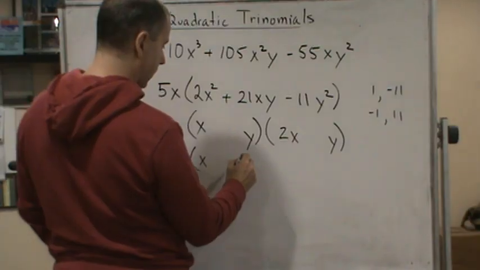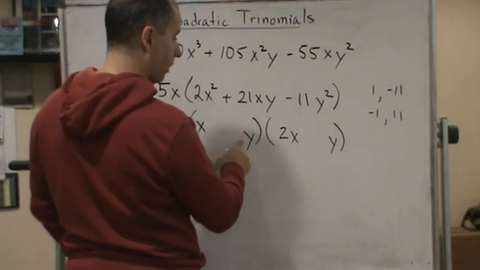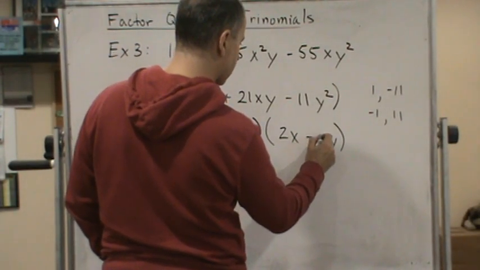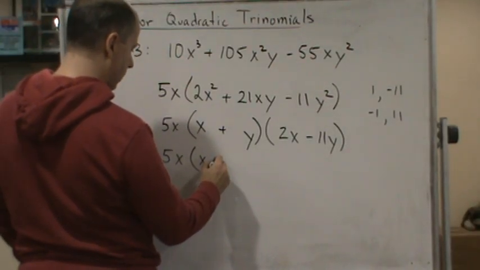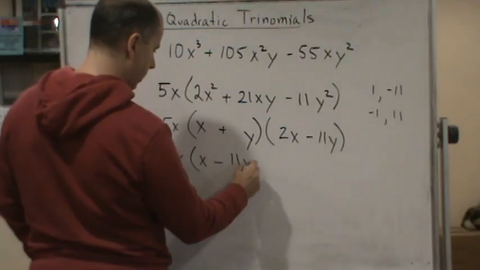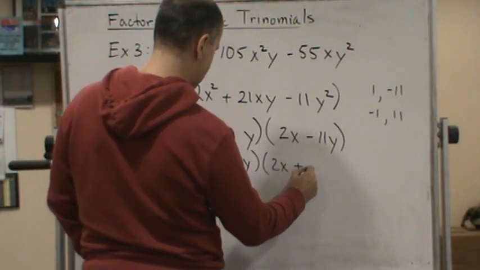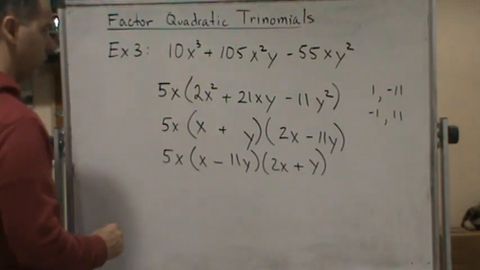We could do x plus y times 2x minus 11y, or we could get x minus 11y times 2x plus y.